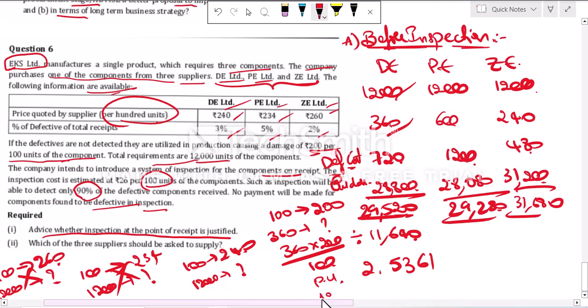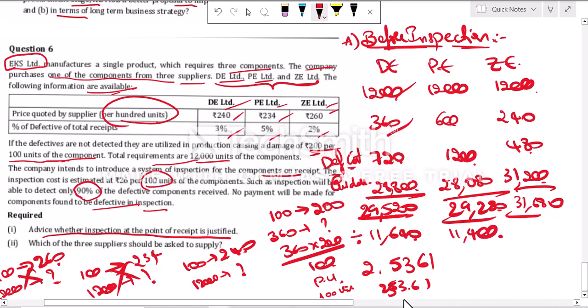For 100 units, just multiply 2.5361 into 100, 253.61. Next, for 29,280, for how many goods do we need to charge that? 12,000 minus 600, 11,400.